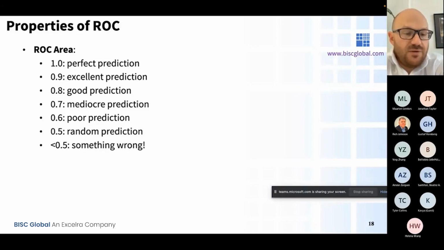If it is 0.5, it's basically half of your unit square, so it's a random prediction. If it's below that, definitely something is wrong. But I would say even at 0.5 you need to start to worry, because it means something is happening there, and you need to address it.